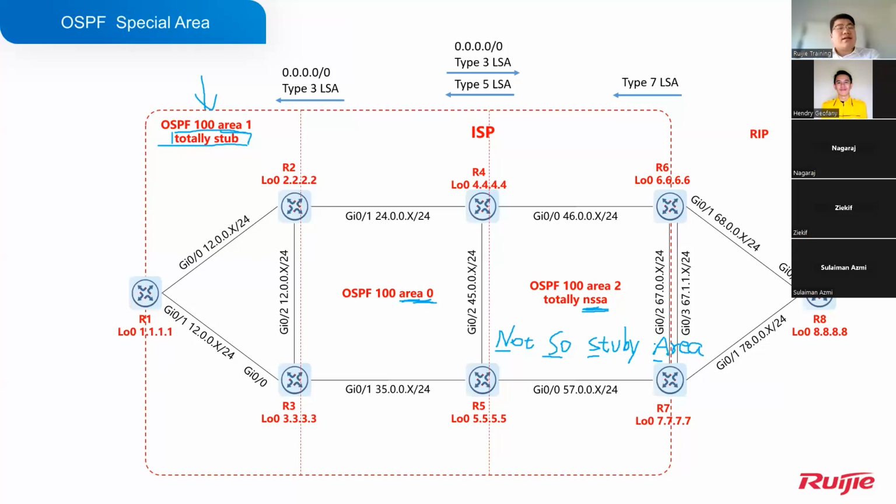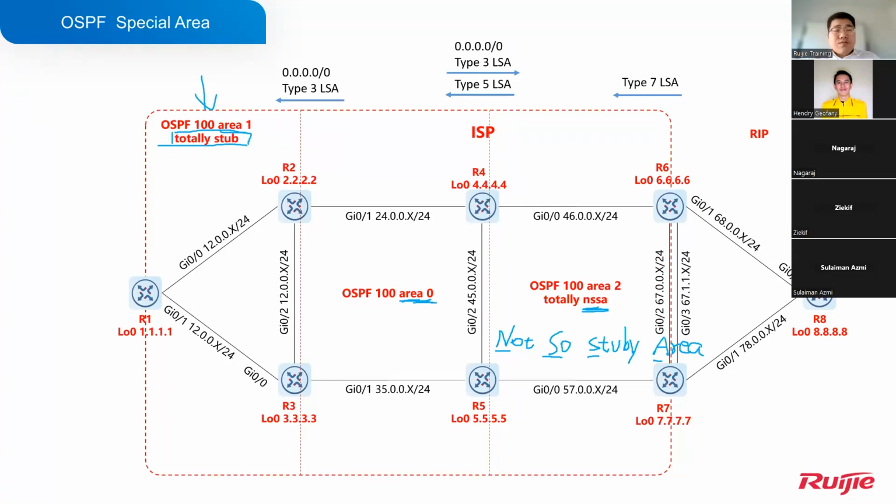So for this kind of area, we don't want these areas to have the detailed information of the OSPF network, but we hope that some other AS can access OSPF from the NSSA area. So this kind of area could be NSSA. Okay, so this is about the stub and NSSA.